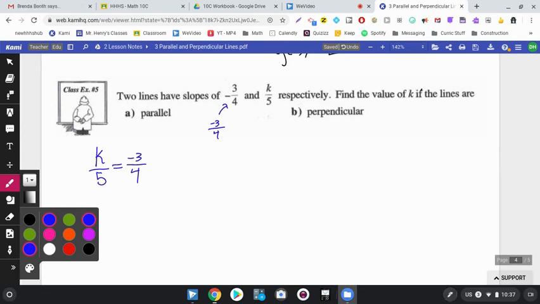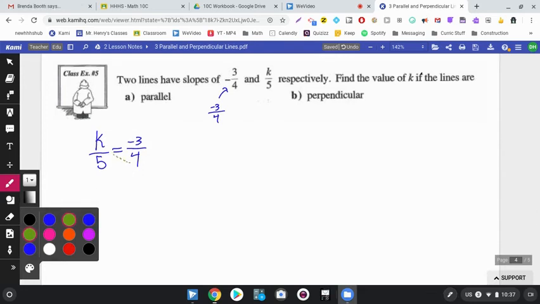And from here, I've got a beautiful equation, and now I need to solve. Whenever I have a fraction equal a fraction, I can cross multiply, or I can do proportions. Okay, 4 times k, or 4k, equals 5 times -3, -15. And then I would divide by 4, divide by 4.